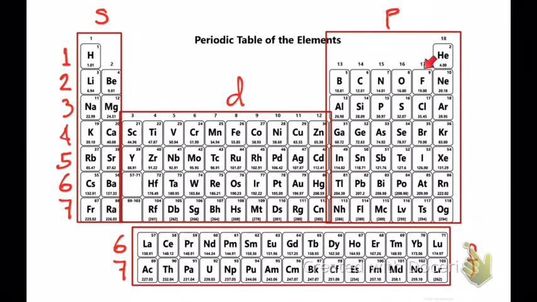But in terms of number of electrons, helium should be right over here with the group 2 elements. Okay, and so because helium has 2 electrons, it would still be on the first row, and within the s block. So the electron configuration for helium is 1s2 because it's got 2 electrons.